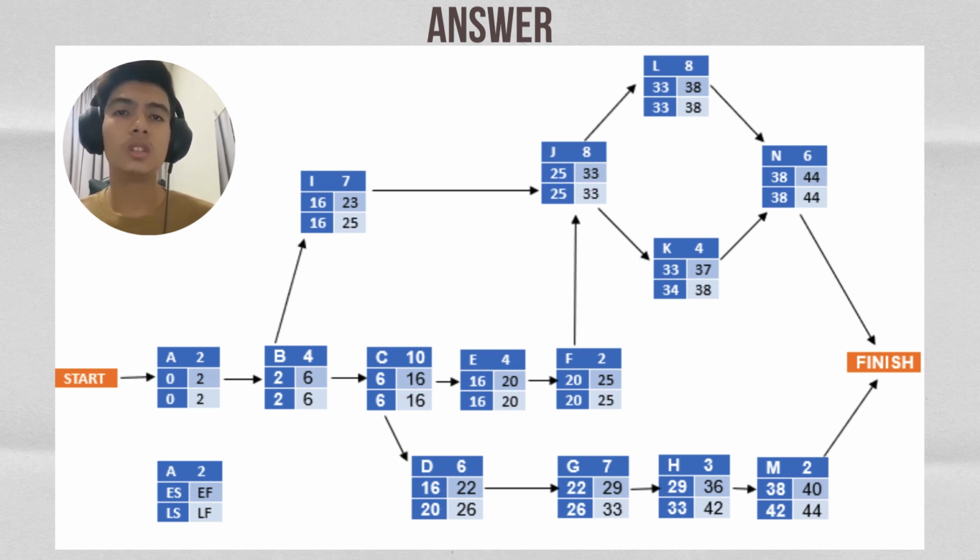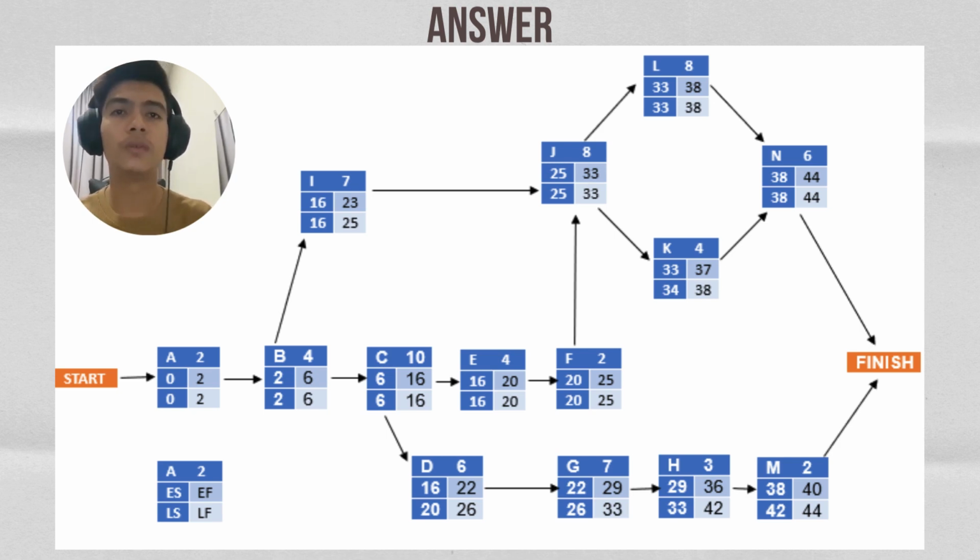So in this case, we choose 29 because it is the biggest number. After that, we do some operation to get the early finish for column H, and then we do the same operation for column M. So that is the solution for early start and early finish.